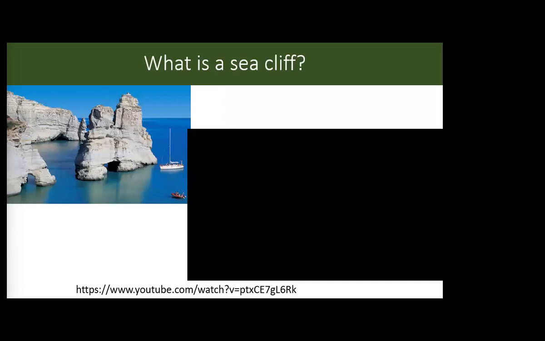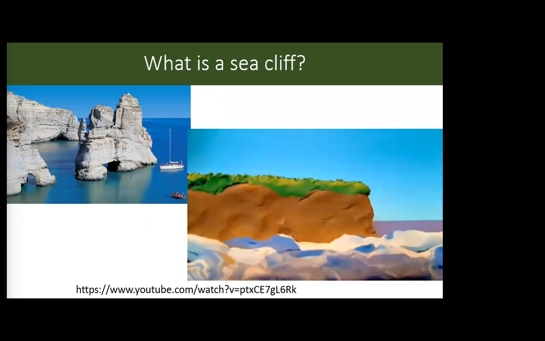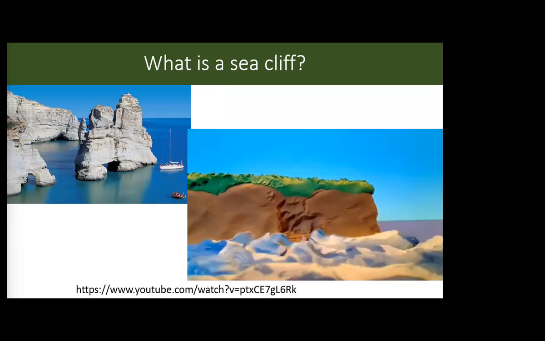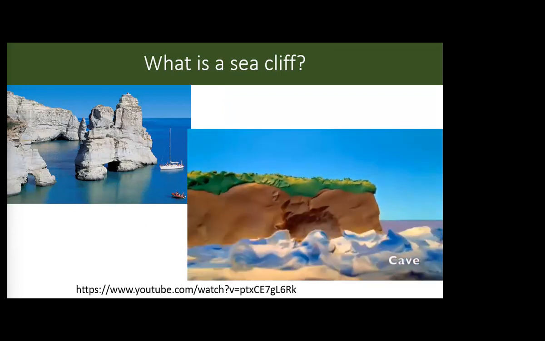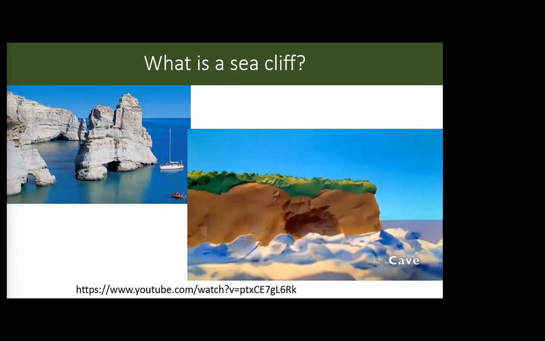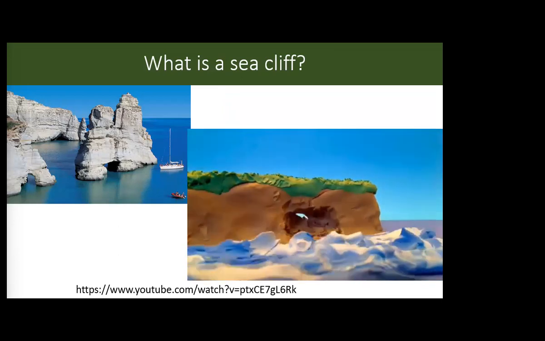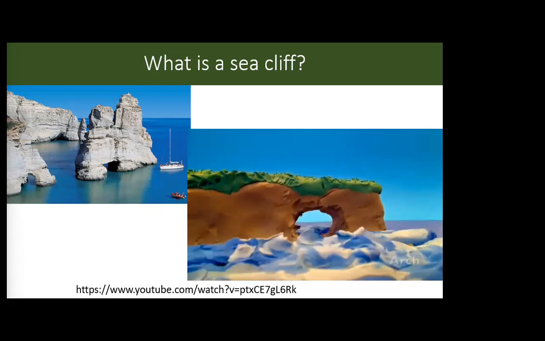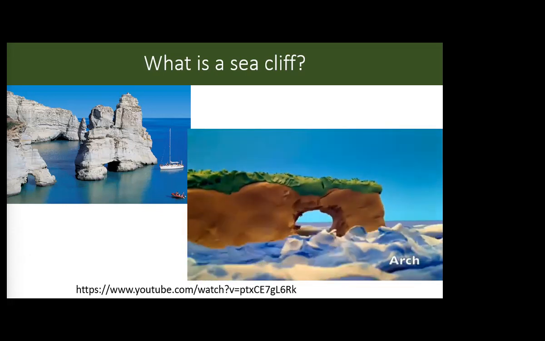Okay, so what's a sea cliff? We talked about these a little bit. We have sea stacks and sea cliffs. These are rock surfaces. These are erosive and active parts of the coastline. So the ocean is going to, this is a claymation, not a terrible claymation of it, but eventually we're going to cut a hole in that from the wave action.